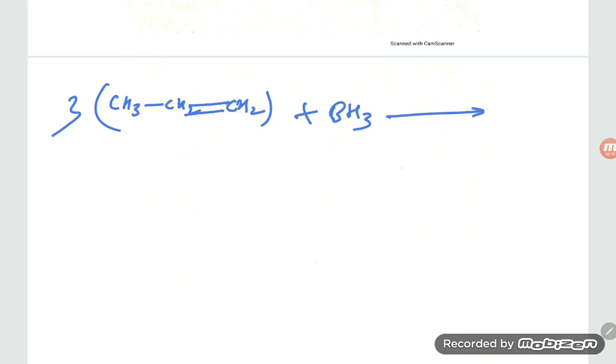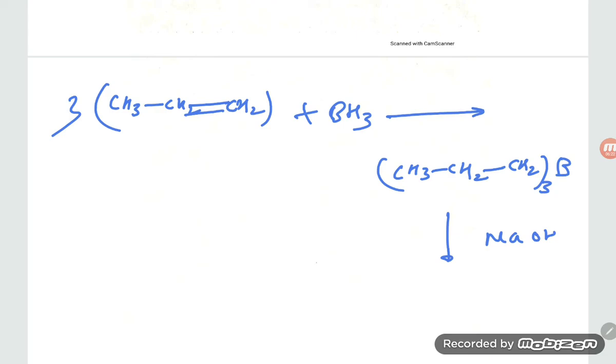So it will give CH3 CH2 CH2, 3 times, attached to B, and if you are hydrolyzing, this is the NaOH and H2O2. We are taking hydrogen peroxide.